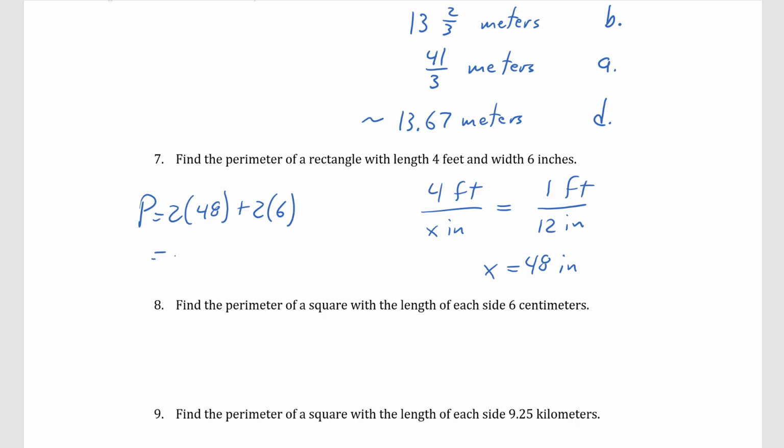Everything's in inches. And that is going to give me 108 inches. If you did that the other way in feet, you would end up with 9 feet. All right, so I'm going to write that here in a different color, or 9 feet.